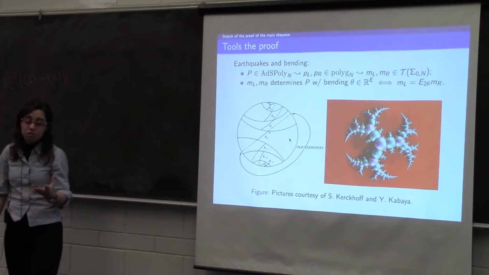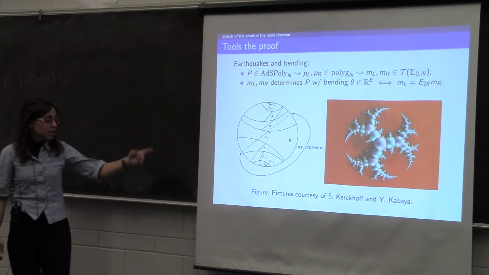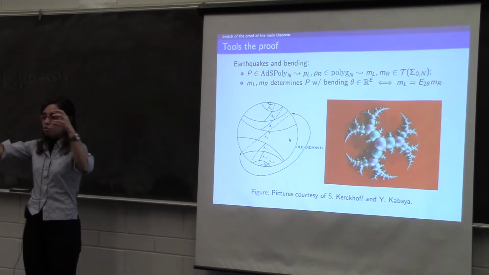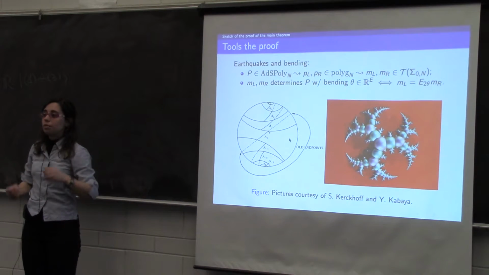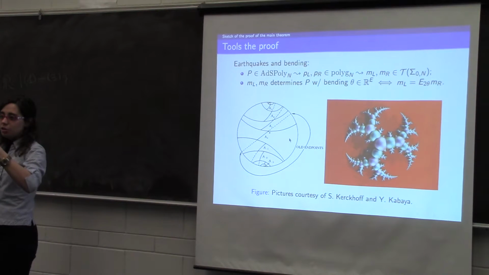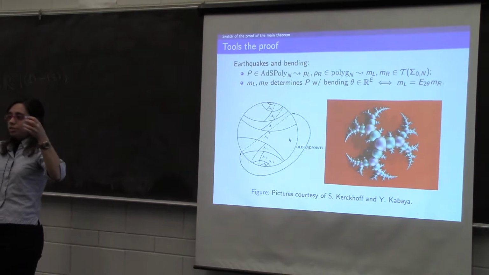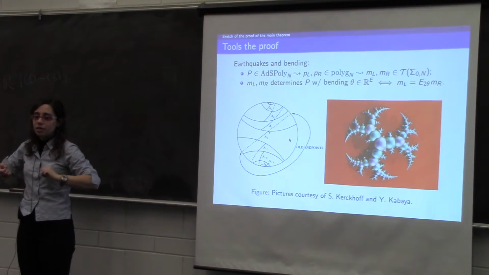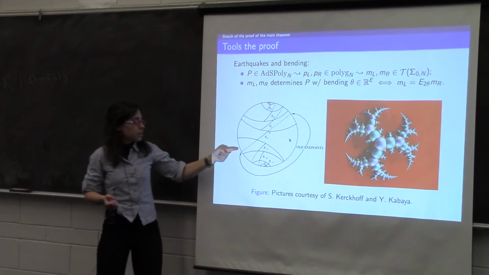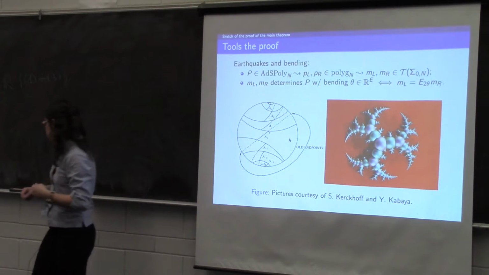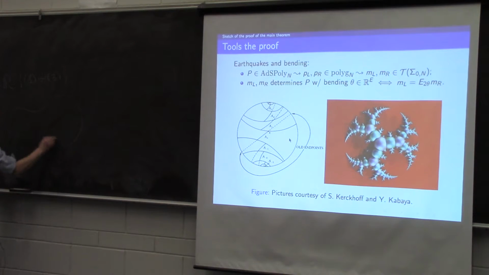Okay, so what is an earthquake? Let's say I describe it for a closed surface. You have your surface, you choose a simple closed curve, then you can cut along this curve and then move it, and then close it back.